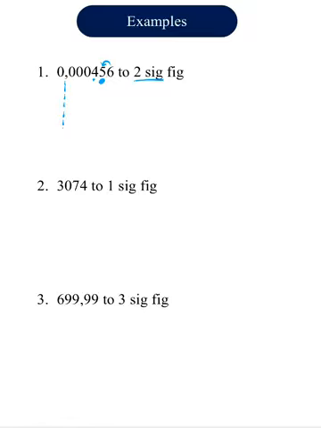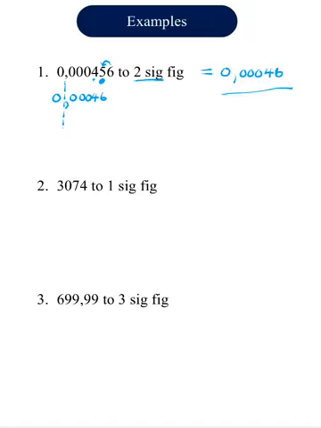If it is 5 and above, it adds 1 to the 5. If it is below 5, it doesn't affect the number. So the 5 becomes 6, and this is equal to 0.00046, our number to two significant figures.